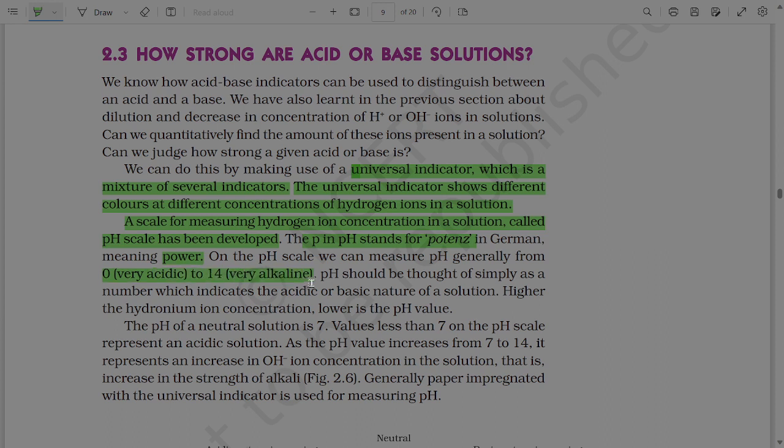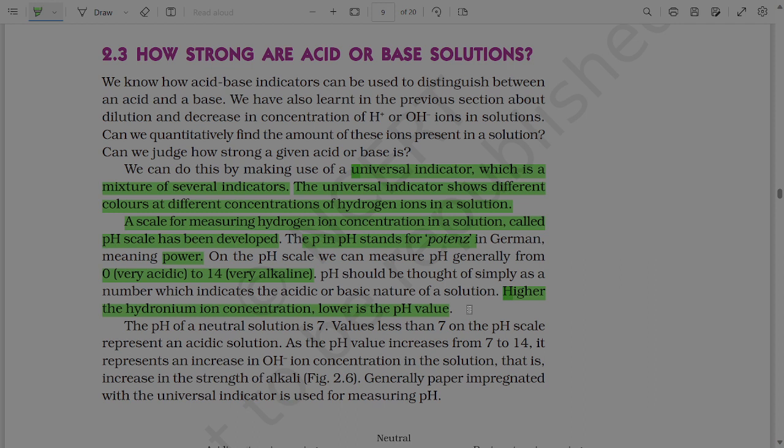pH should be thought of simply as a number which indicates the acidic or basic nature of a solution. Higher the hydronium ion concentration, that is H+ or H3O+ ion concentration, lower the pH value.